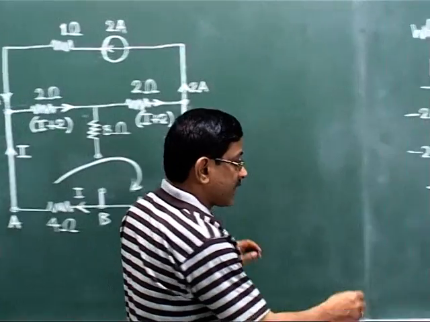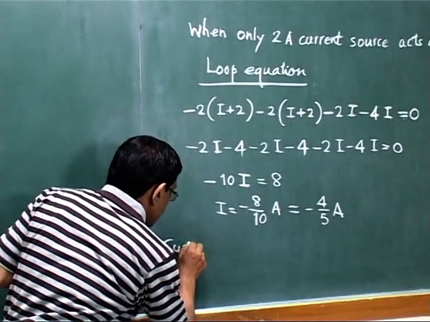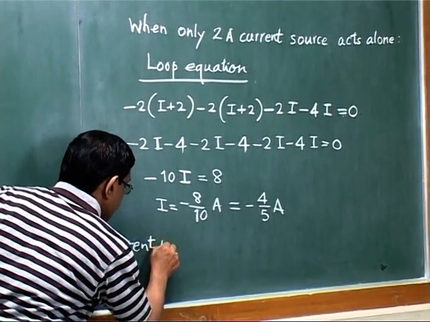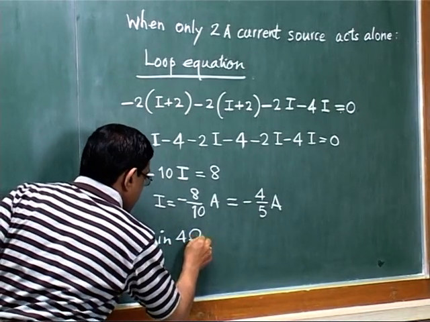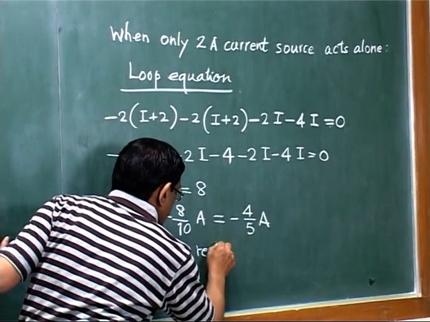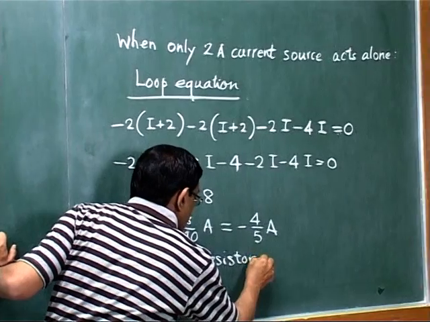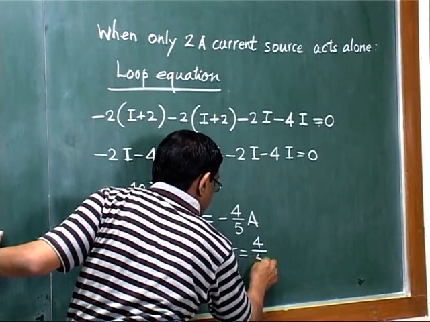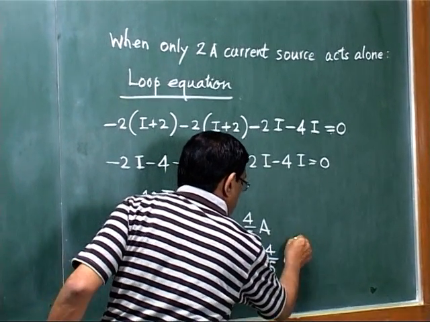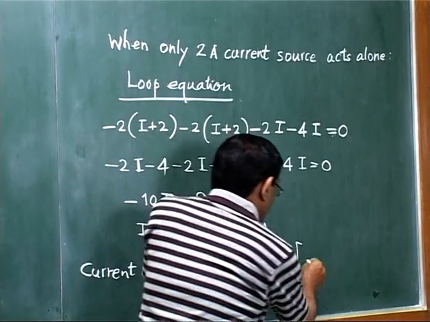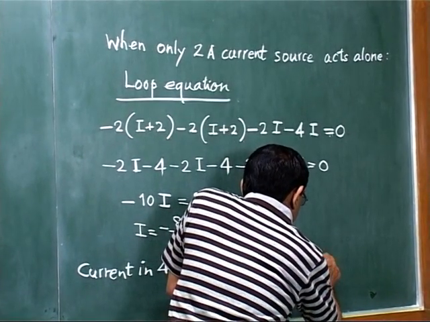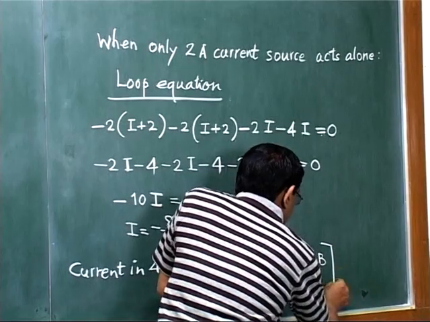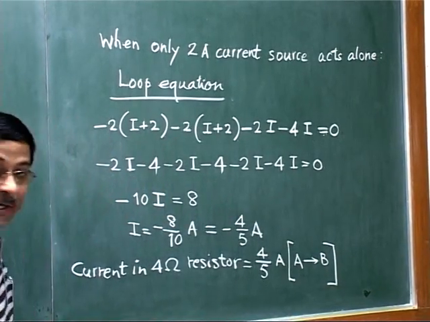So here we say that current in 4 ohm resistor must be equal to 4 by 5 ampere, but its direction is important in superposition theorem. So direction will be from A to B. So you have to compile the results for each and every source individually.